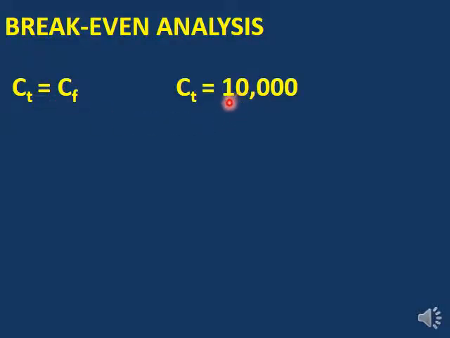So let's say you're renting a space for 10,000 monthly. This is a fixed cost. If you have a sale, you'll have 10,000 rent. If you don't have a sale, you still have 10,000 rent. Okay, now there's another type of cost that depends on your sales, which we call the variable cost.